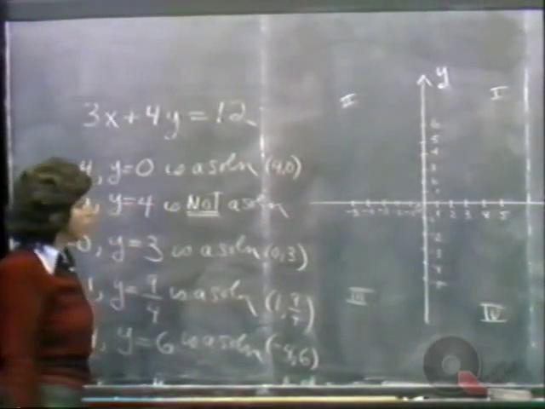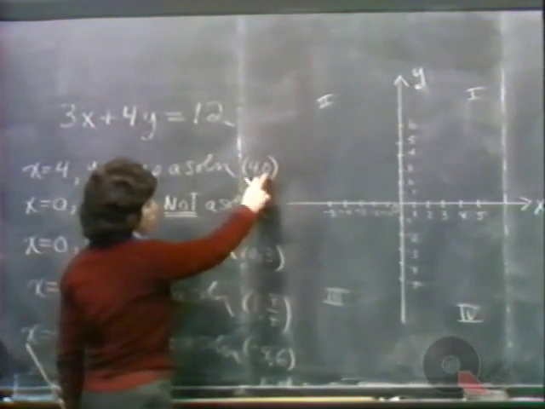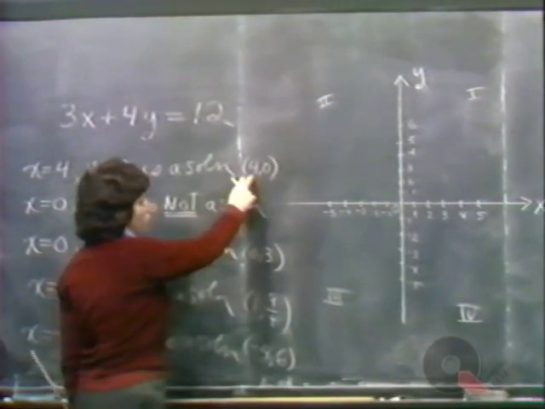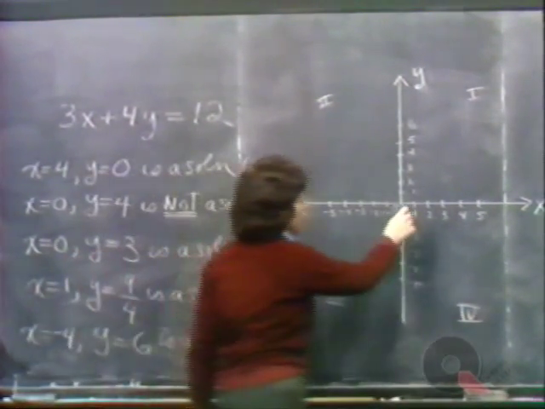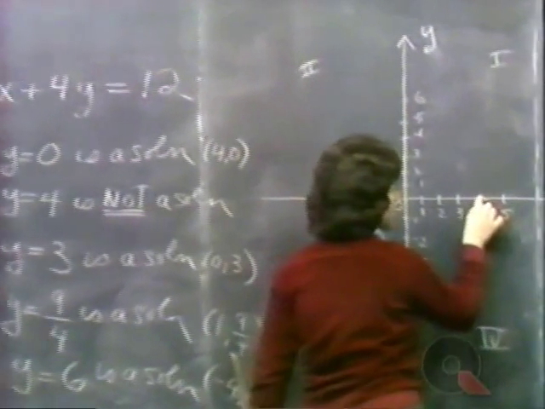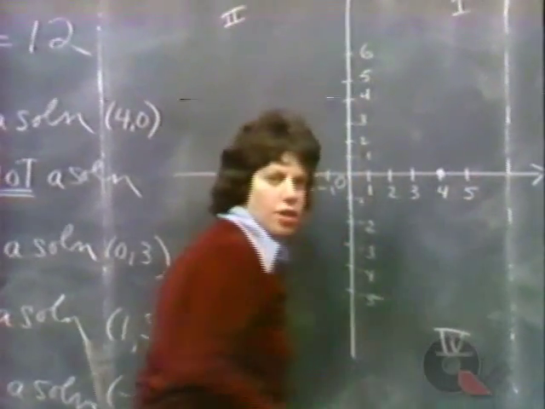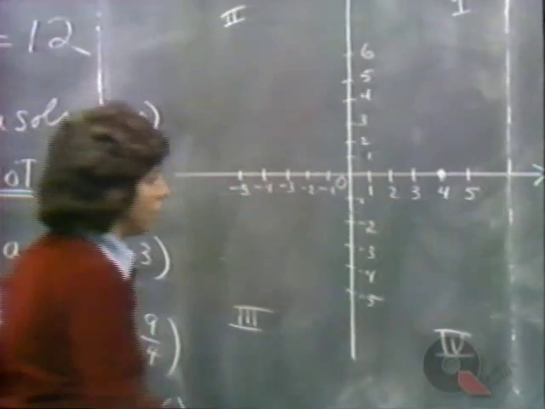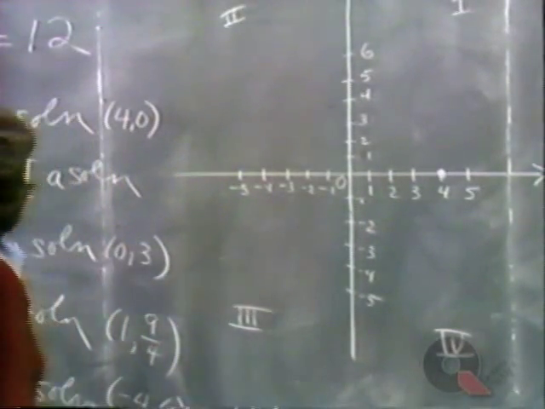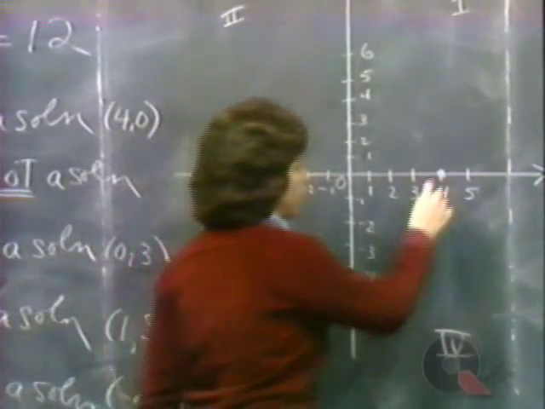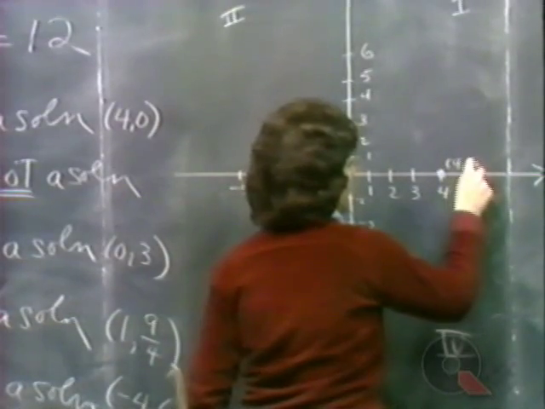(4, 0) is the first point we're going to worry about. x equals 4, y equals 0. The man is standing at the origin. He moves to the right 4. And then since y equals 0, he doesn't move up, he doesn't move down. He stays right on the x-axis. There we have the point (4, 0).